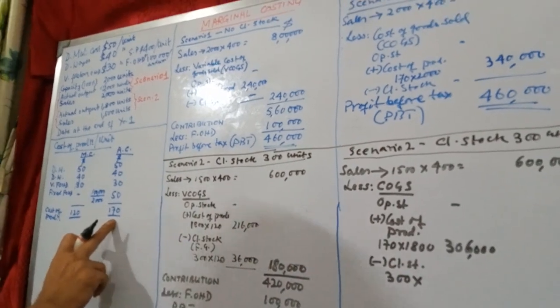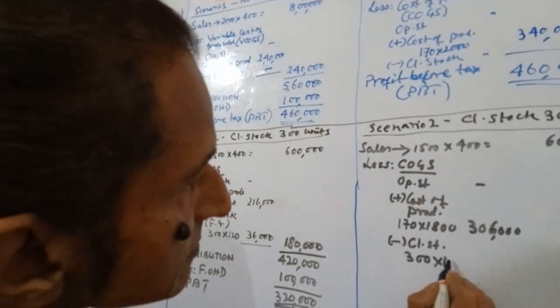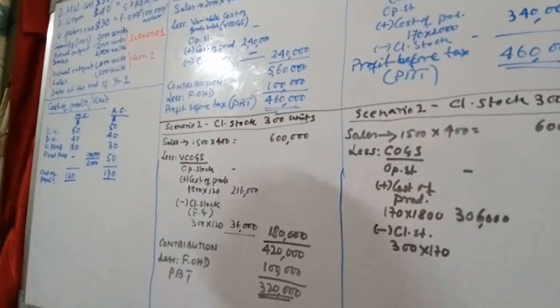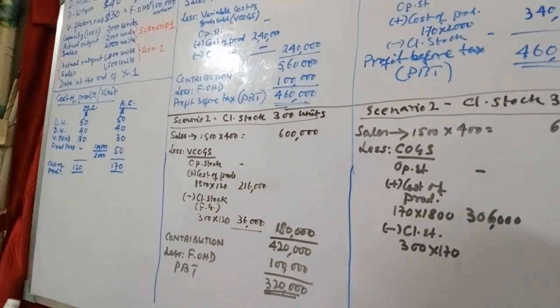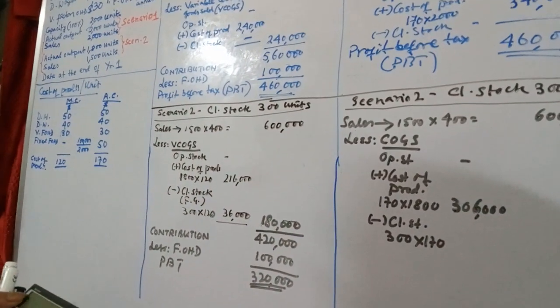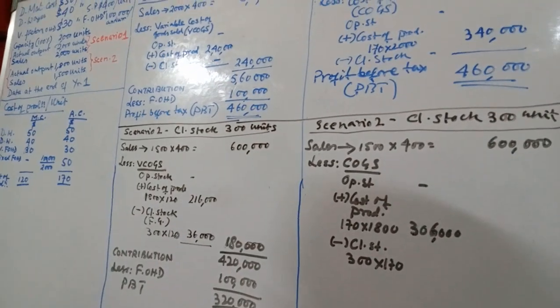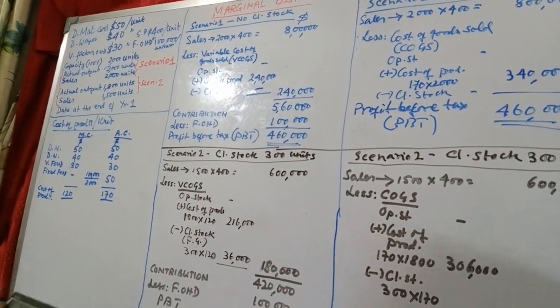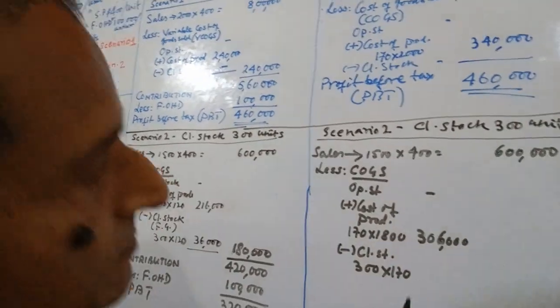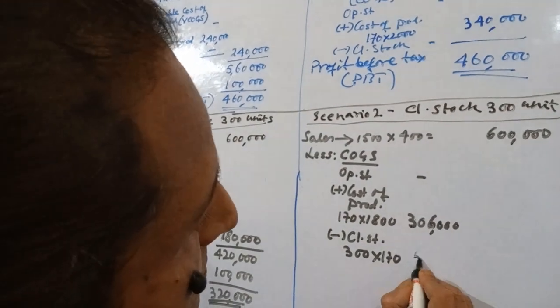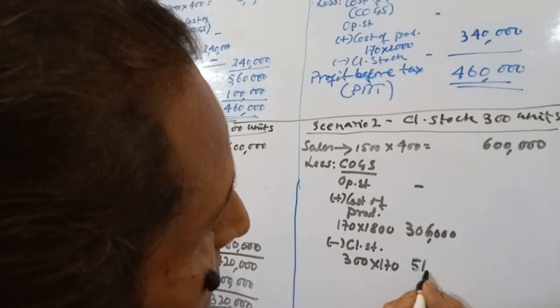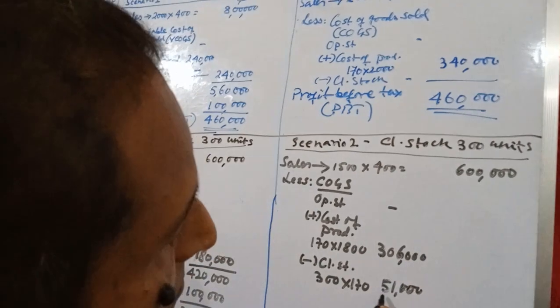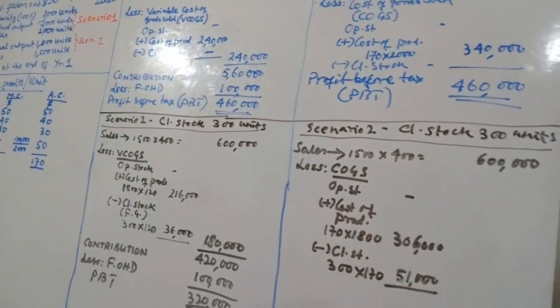So 300 into 170. So this gives us 51,000. Correct.